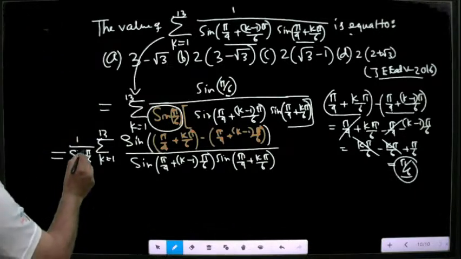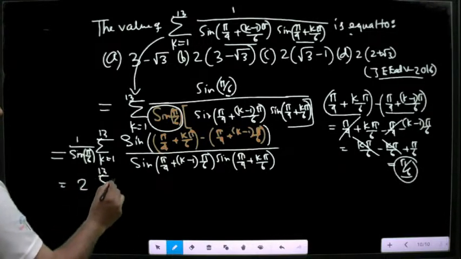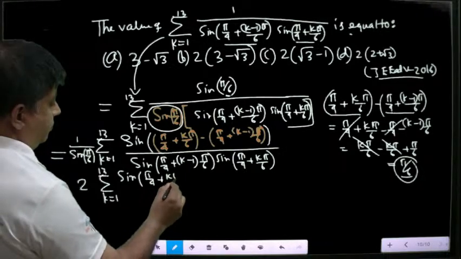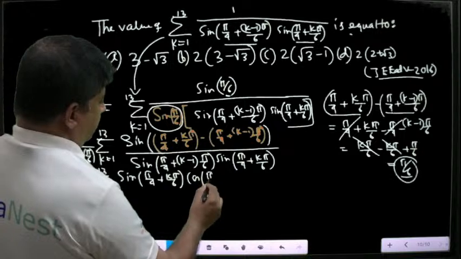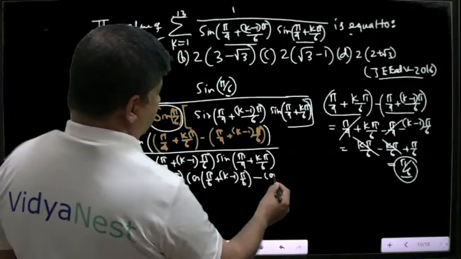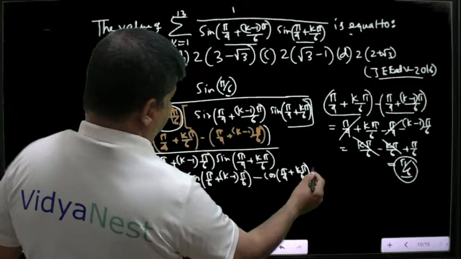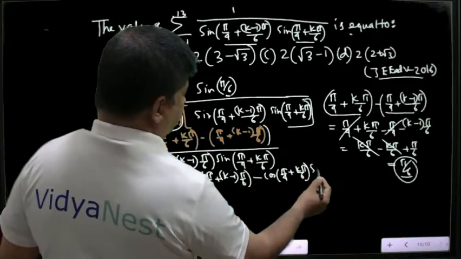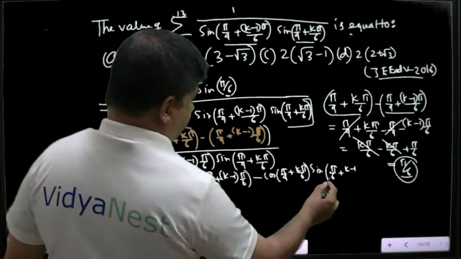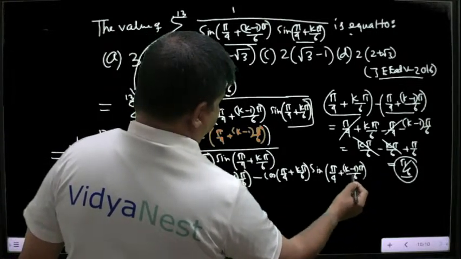Sin A cos B minus cos A sin B, and sin π/6 is what? 1 by half. So it has become 2.